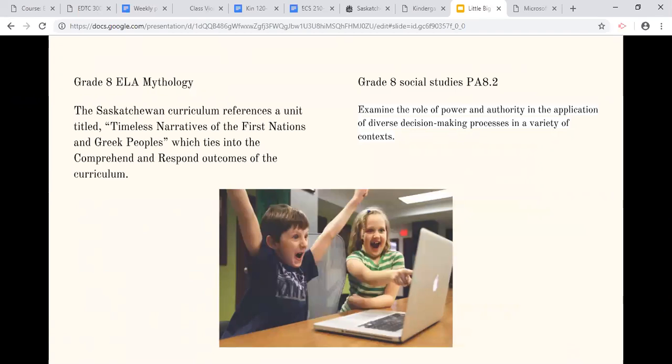The next connection I made was the grade 8 social studies PA 8.2, which is exactly as written here. Examine the role of power and authority in the application of diverse decision-making processes in a variety of ways. And I took this as Newton. Newton being the bad guy, he's the role of power and authority, trying to get you to make those bad decisions.